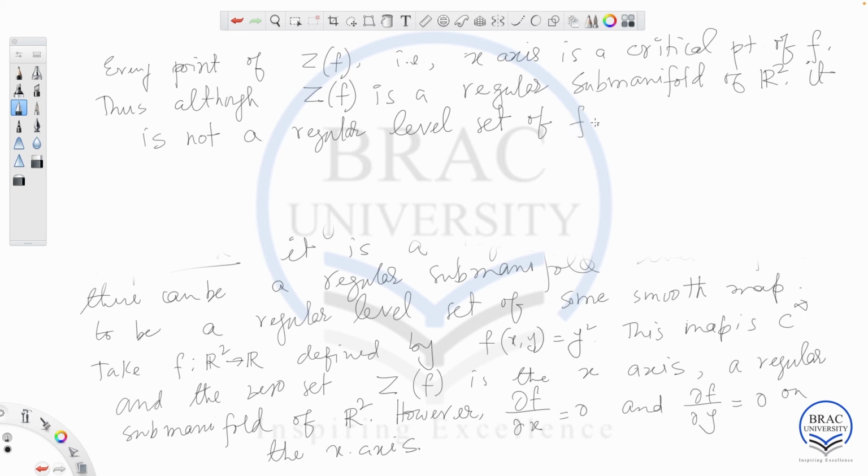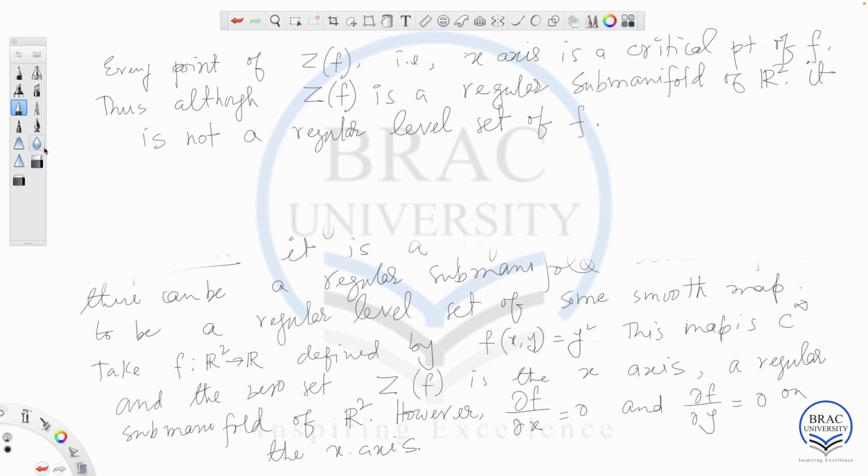Okay, good. It gives us an example elucidating the fact that this regular level set theorem gives us a sufficient condition only for a subset to be a regular submanifold of a given manifold. It is not a necessary condition. Okay.